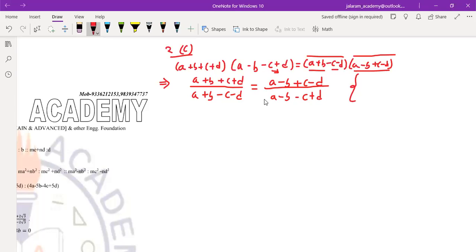We can write the reason: dividing both sides by the product of these two denominators.